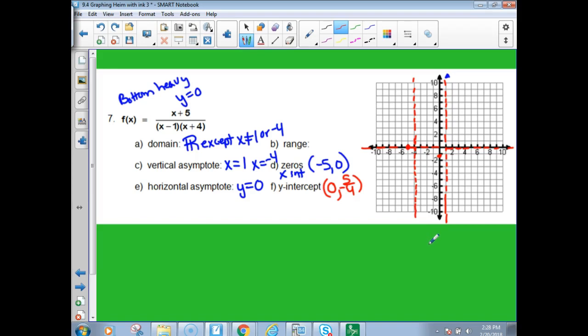Okay, what is happening on this graph? Let's try a few points. Maybe I already got the -5, 0. Maybe I should put in -6 just to see what's going on there. If I put in -6, I'll get -1 on top.